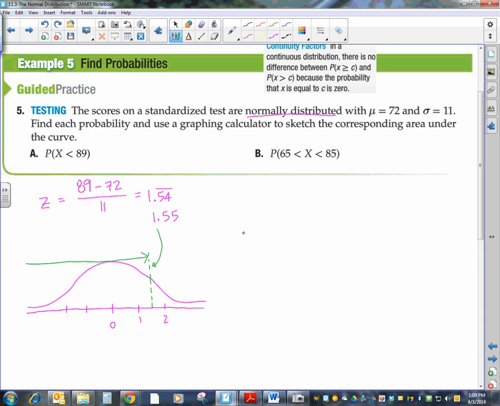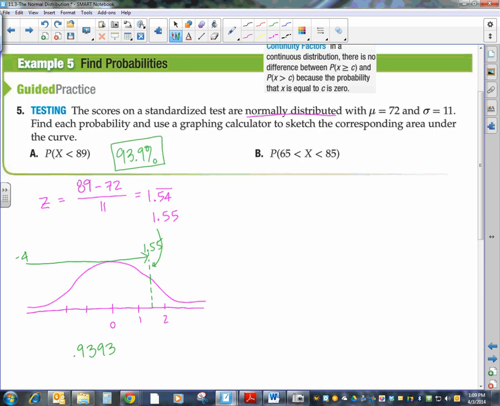Number two, they're asking you for the lower bound. Remember your lower bound is -4, and your upper bound is going to be 1.55. When you put that in there and hit your enter key 5 times, it's going to spit back at you the number 0.9393. So to answer the question, it's going to be 93.9%.